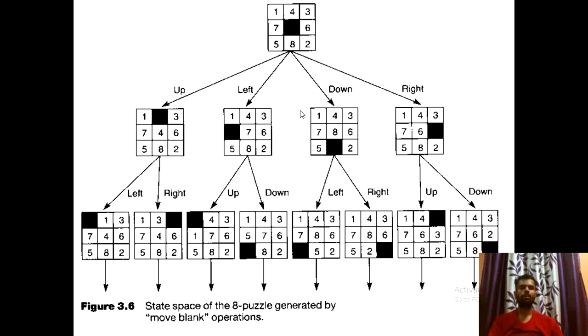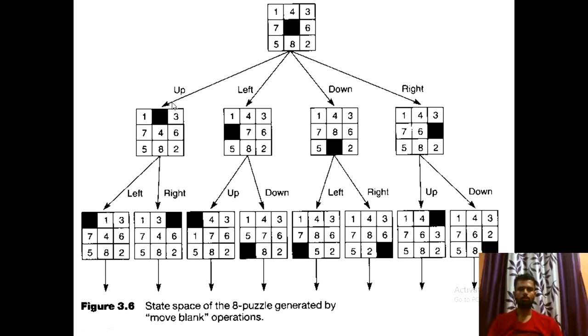So while solving the problem of this 8 puzzle, I have discussed the possible states, that is upward, left side, downside, and right side. If you consider the upward side, then the next state will be like this. If you consider the left side, then the state will be like this. Same for the down state and the right side state.